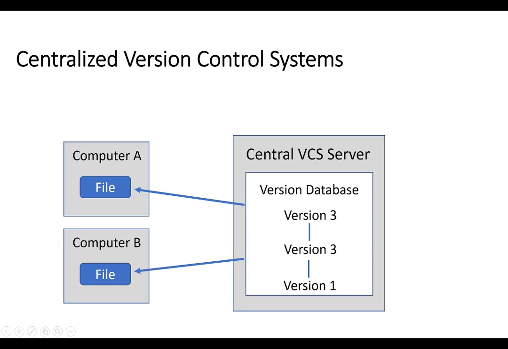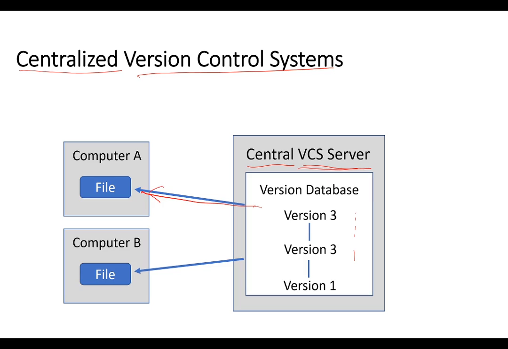Let's review the centralized version control system. A centralized VCS has a centralized VCS server. The VCS server records all the files of a project and their modification history with different versions. If someone wants to do some work on the project, he may check out some files from the VCS server.